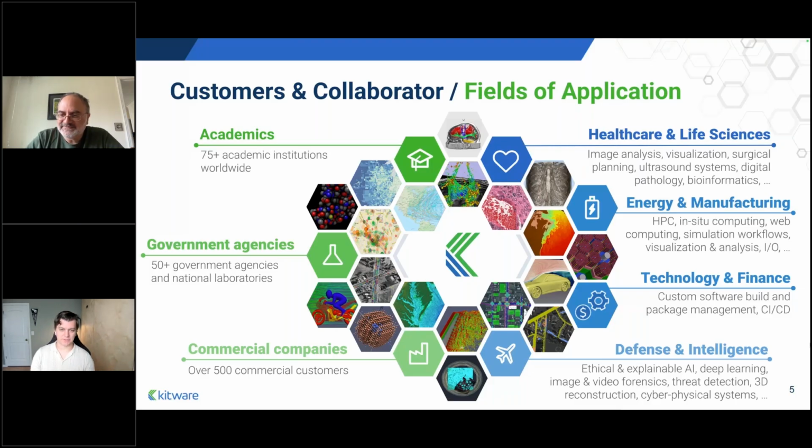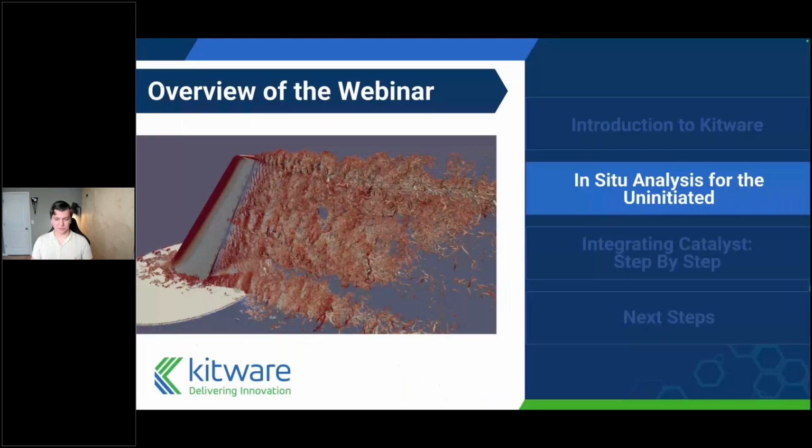All right, thank you so much, Berk, for that introduction. For the rest of this presentation, we're going to be talking about Catalyst, in situ analysis, and how to get going with the Catalyst API in your own simulation code. For the most part, this tutorial is going to be covering specifics in detail, but we're also going to be glossing over a bit of implementation details that are not super core to the mission here for what we're trying to get across.